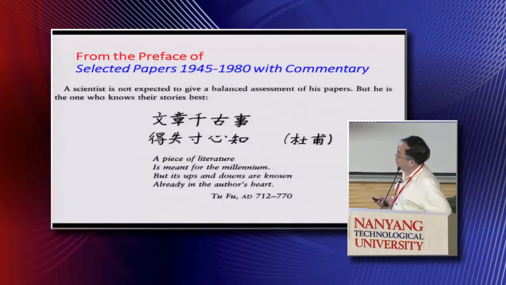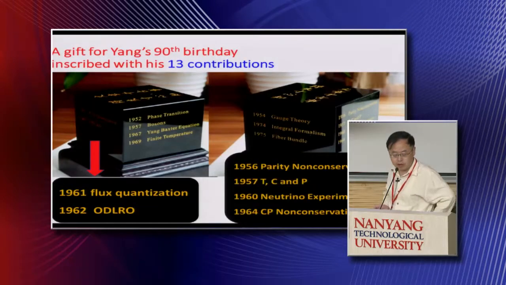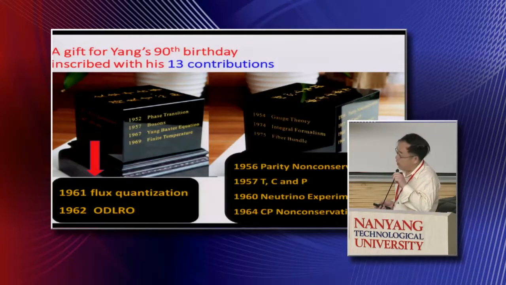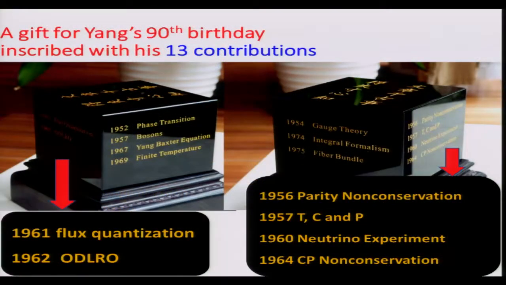Especially, he quoted two lines by a famous ancient Chinese Tang Dynasty poet, Du Fu, which read: a piece of literature is meant for a millennium, but its ups and downs are known already in the author's heart. Yesterday, Professor Zhu Bangfen had already shown this to you. This is a gift to Professor Yang.